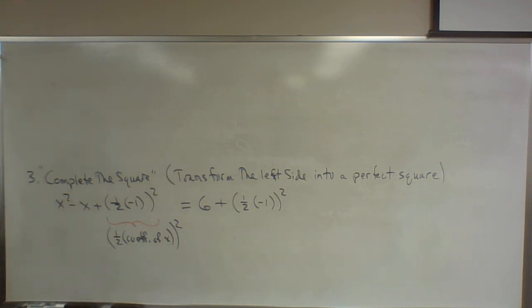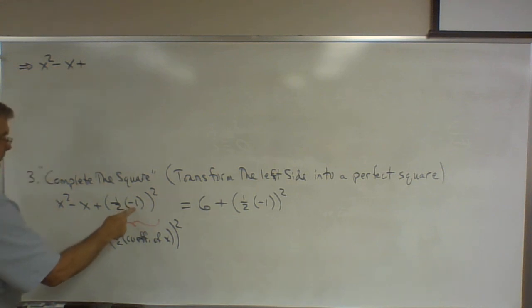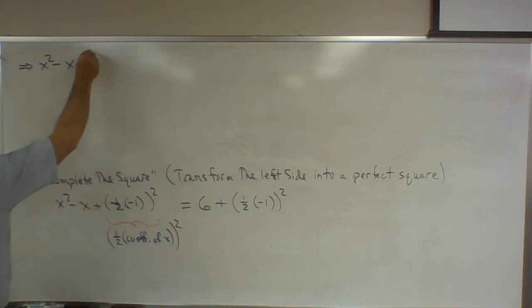And now I guess I'm going to simplify this mess. (1/2) times -1 is -1/2.